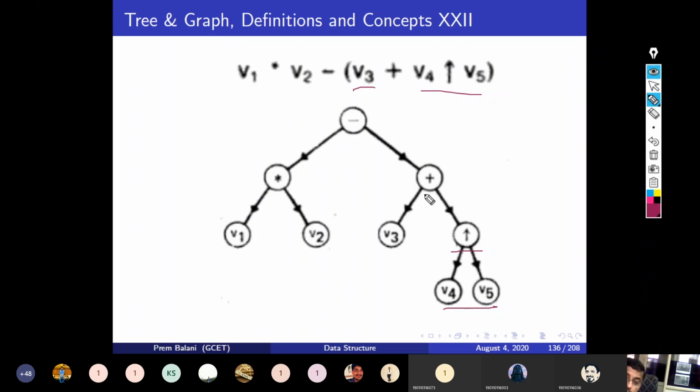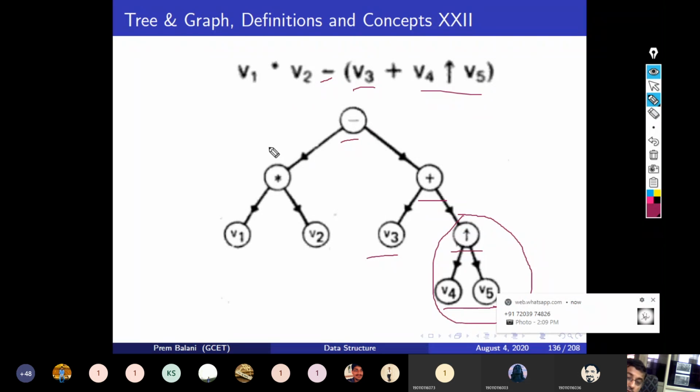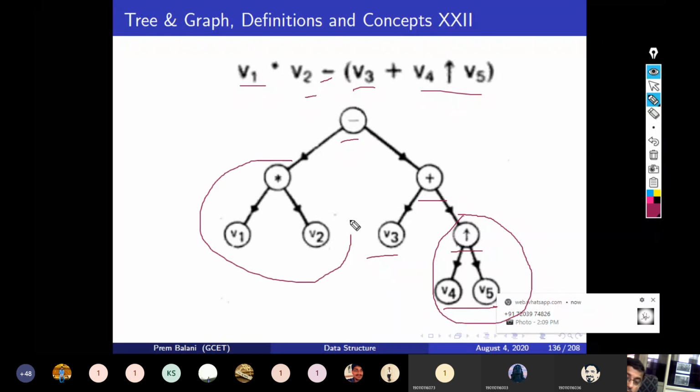Then it should be plus, whatever answer you get by applying V4 raised to V5, it should be added with V3, and then there is a minus here. There is V1 and V2, this operation also has priority, and this should be subtracted from this. Clear, all of you?